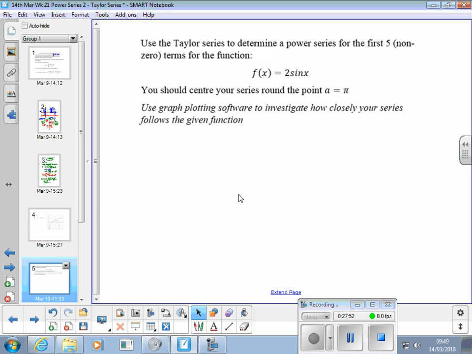We're going to do now, show we can focus on the sine function at a different point. We're going to focus on the point where x is equal to pi. So go through the series process for 2 sin x where x is equal to pi.